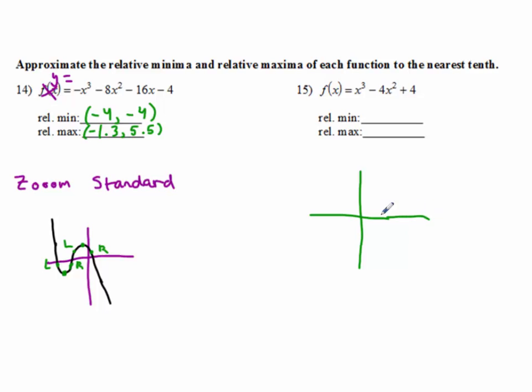So my graph this time looks slightly different, but mostly the same. Something like this. Our maximum's over here on the left, our minimum is on the right. So calculate them.